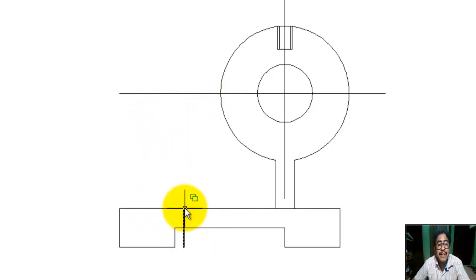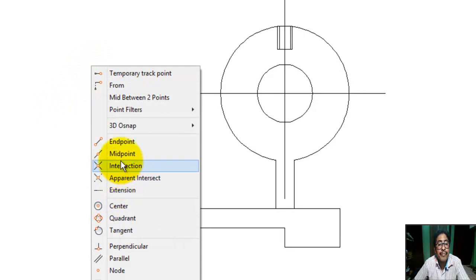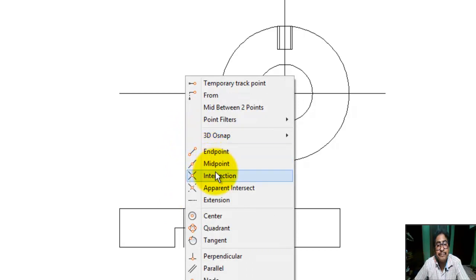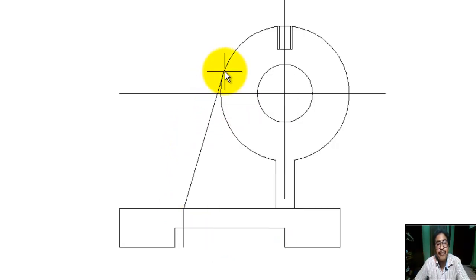Okay. Now draw a line from this end point and tangent. Click on line, then specify first point, this end point, specify next point, tangent. Okay. Now erase this line.